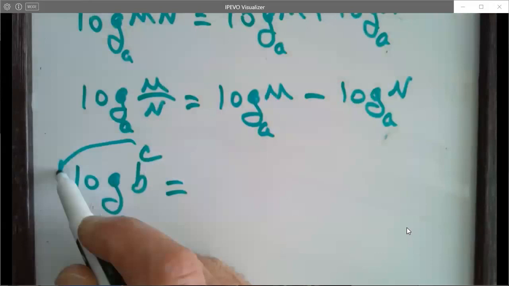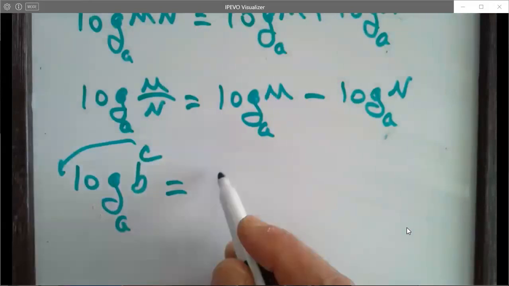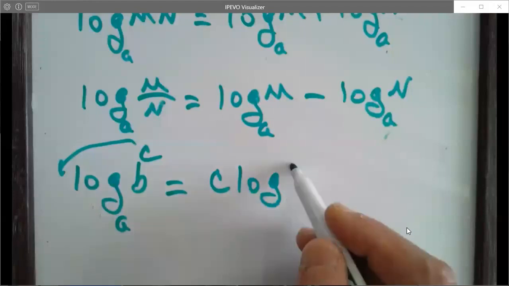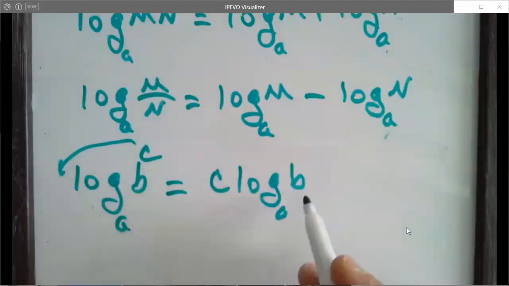You can move that down and multiply c times log b base a. And that's what we did in the last problem. Okay? All right. Any questions there?